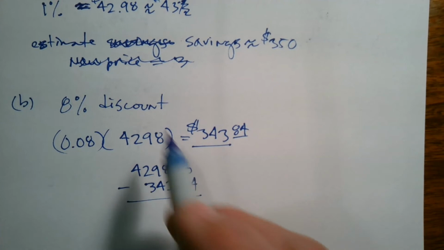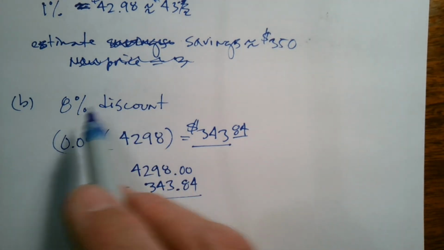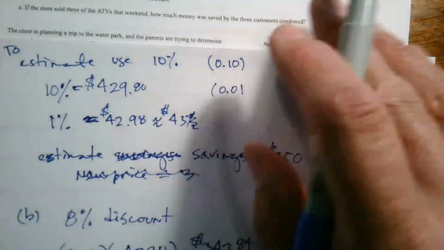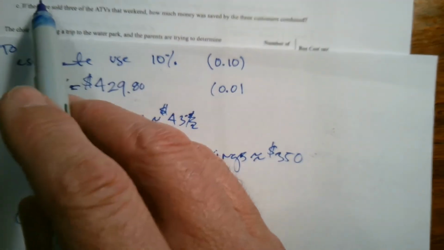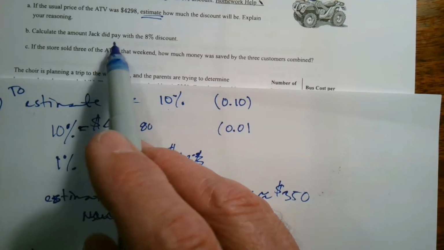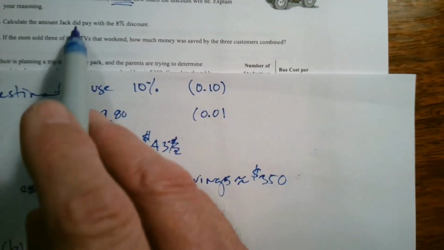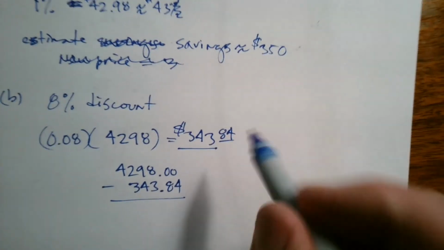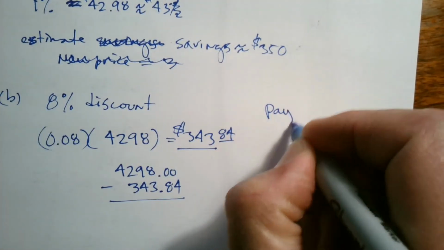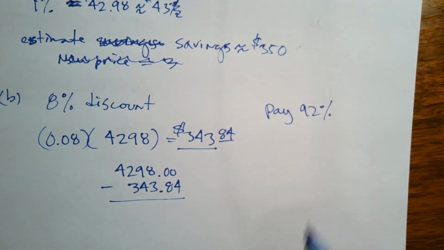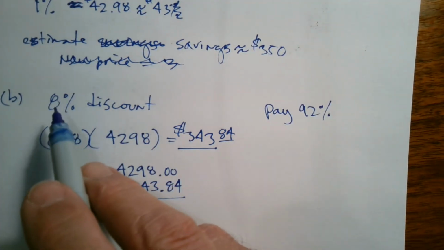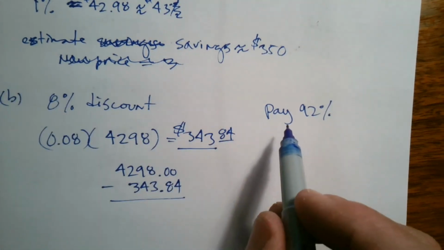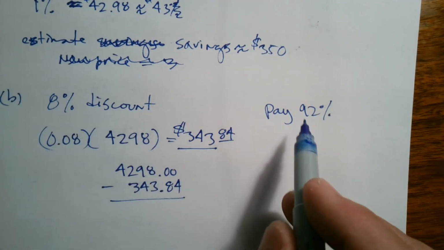I also want to show another way. The question is asking me to calculate the amount he did pay. If he saves 8%, then you're going to pay 92%, because the discount and what you pay need to add up to 100.